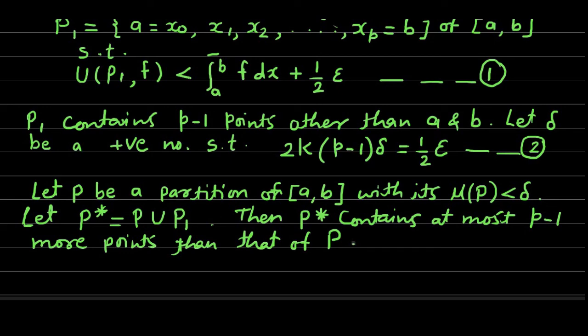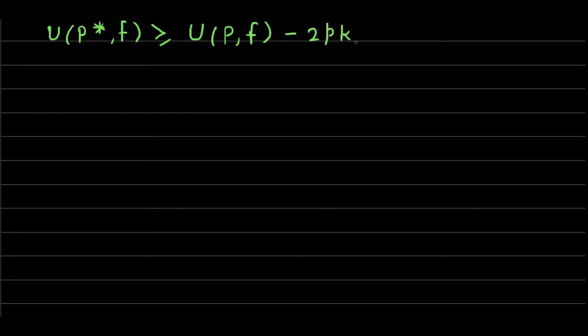In the corollary to theorem number 1, we have already shown that the upper sum over the partition P star for the function f is greater than or equal to the upper sum over partition P for the function f minus 2 P K mu.